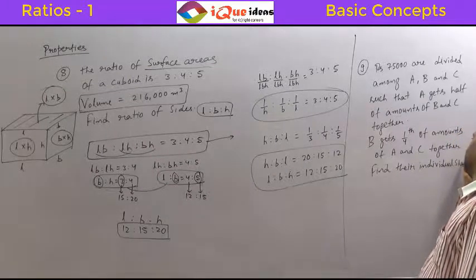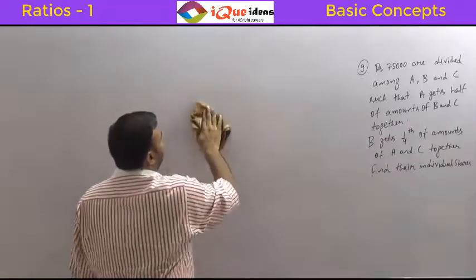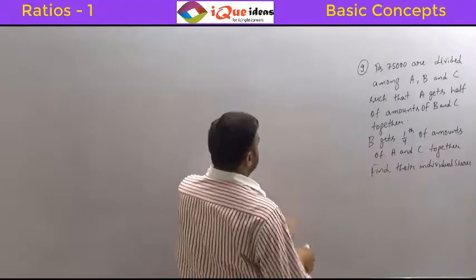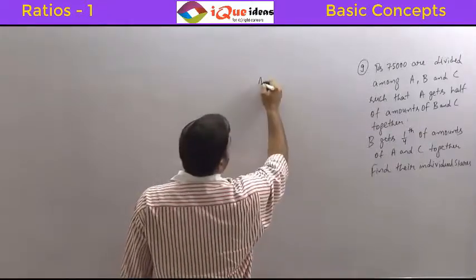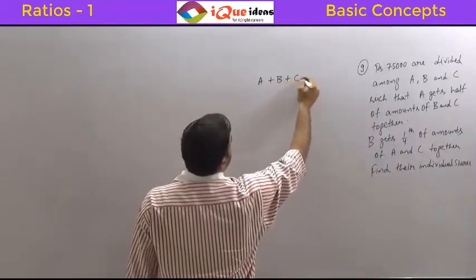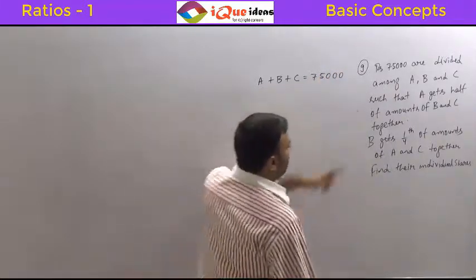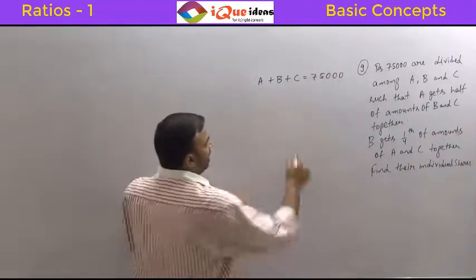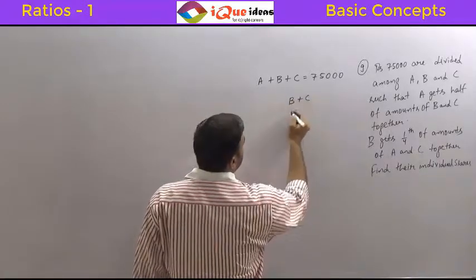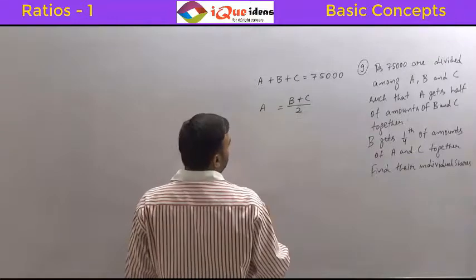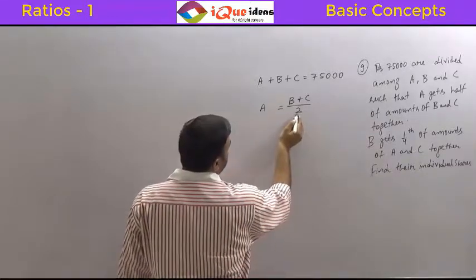Just consider the amount of A as A, amount of B as B, amount of C as C. So the first equation that we get is A plus B plus C is equal to 75,000. Now second equation, A gets half of the amounts of B and C together. So whatever B and C get, half of that is equal to A. So instead of making an equation, just do one thing. Bring 2 on this side.